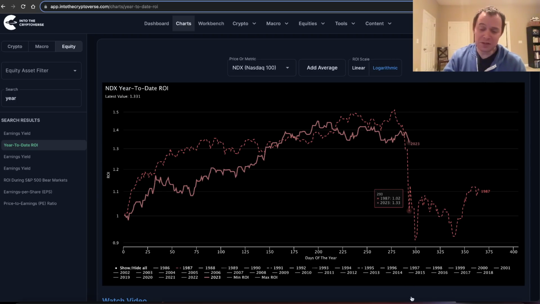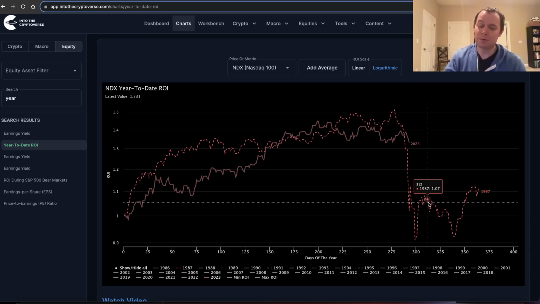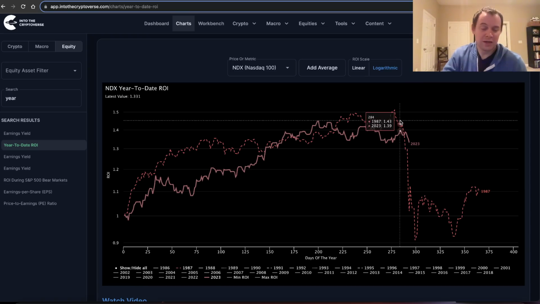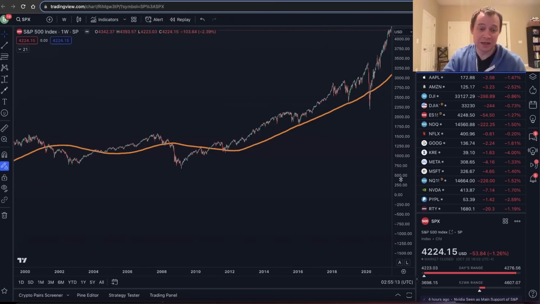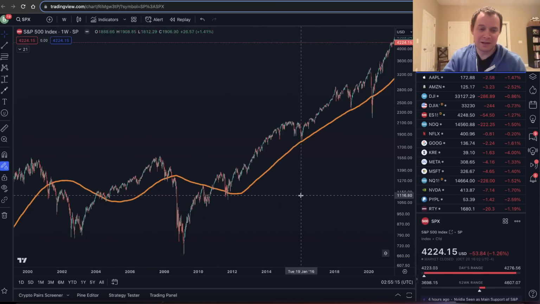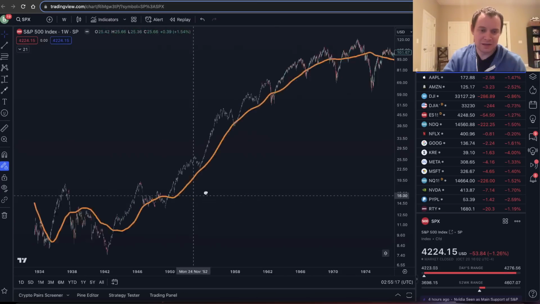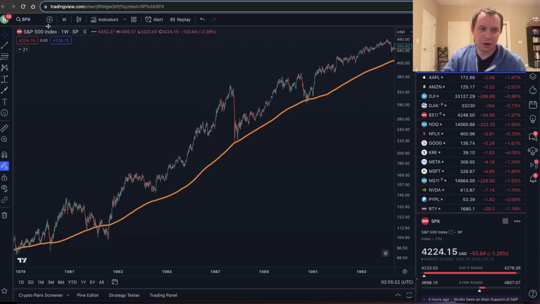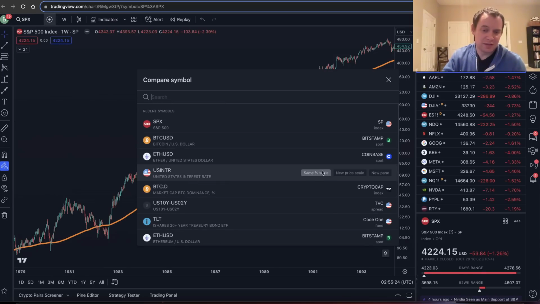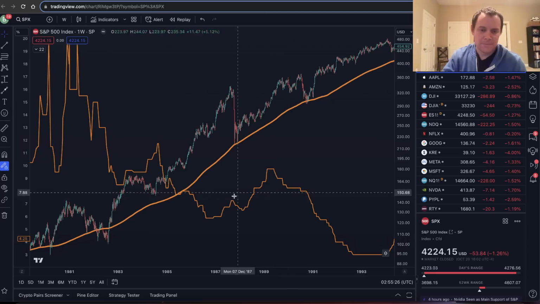So if you were to see something like this, the Fed would pivot a lot quicker than a lot of people think they would, right? I mean, if you look at the S&P 500, by the way, in 1987, it's sort of this move right here, if we were to overlay interest rates, right?